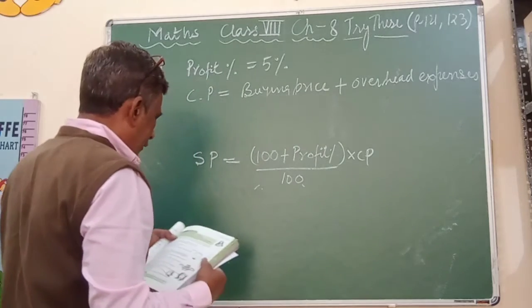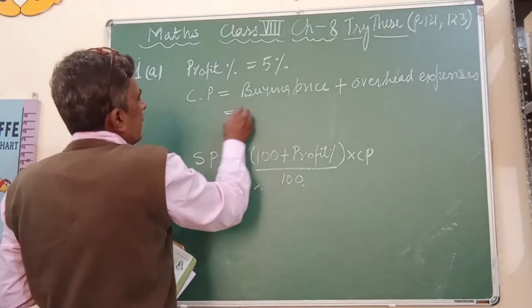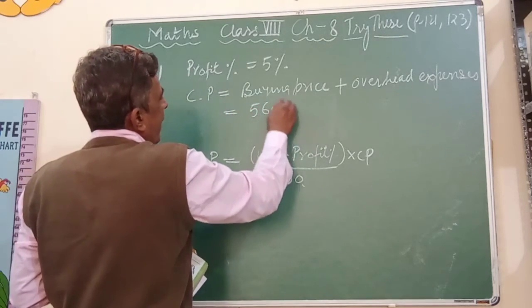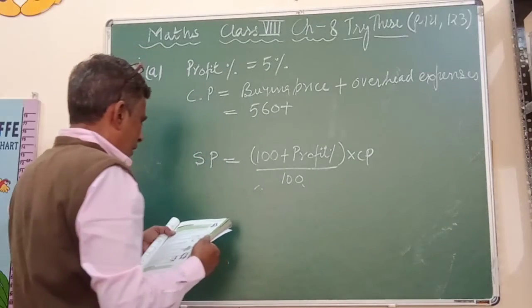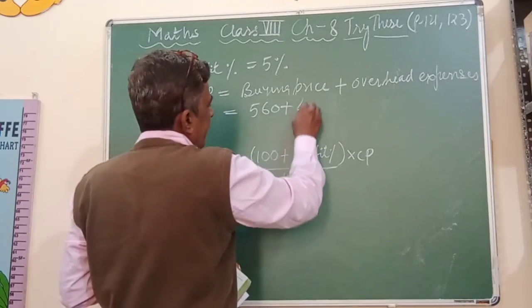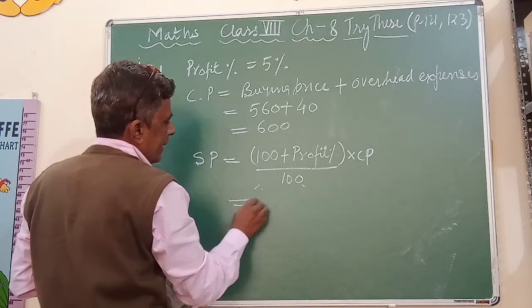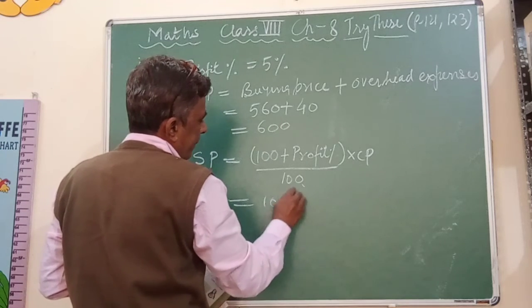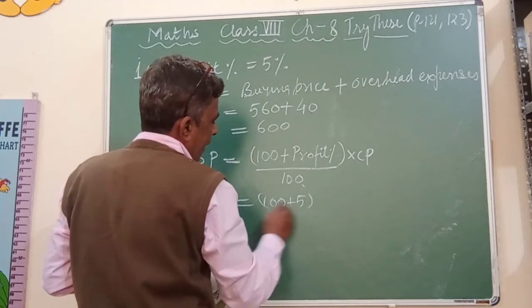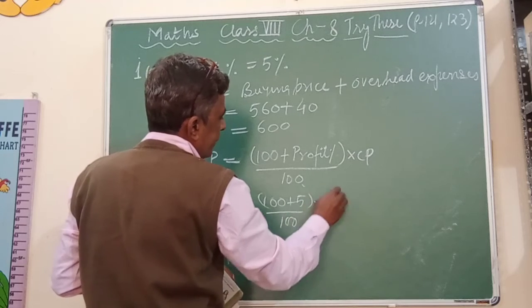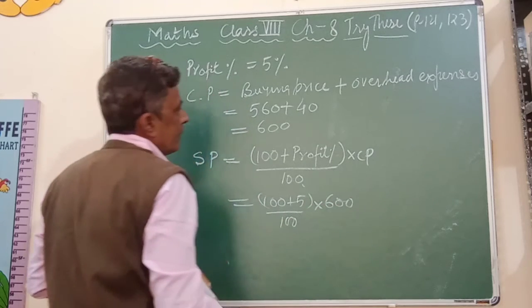a fan bought for rupees 560 buying price and the overhead expenses for repair 40, so cost price is 600. Selling price is 100 plus 5 upon 100 into 600.